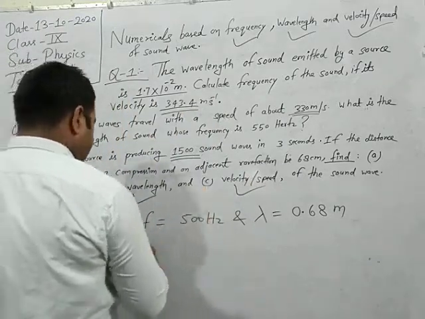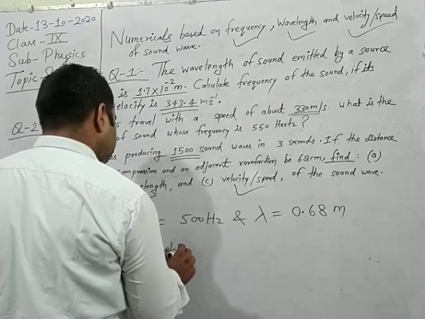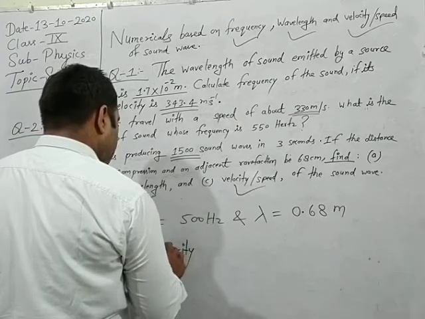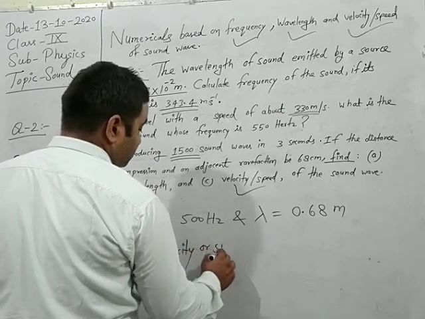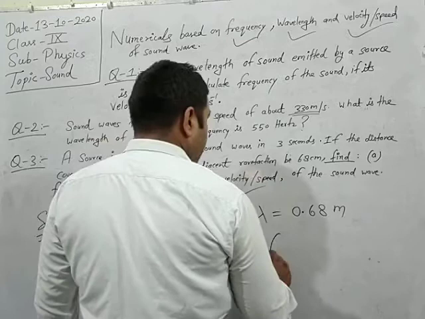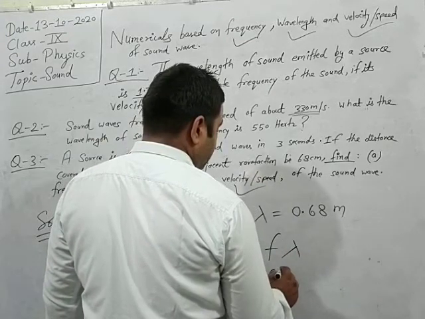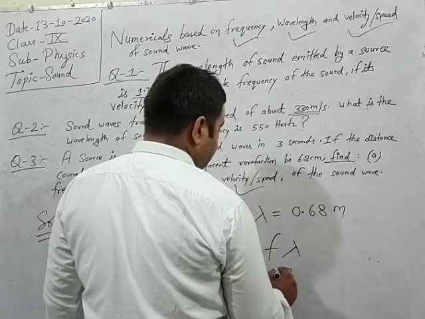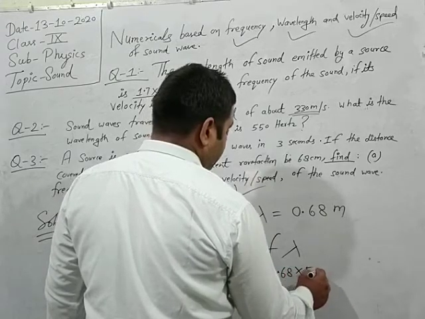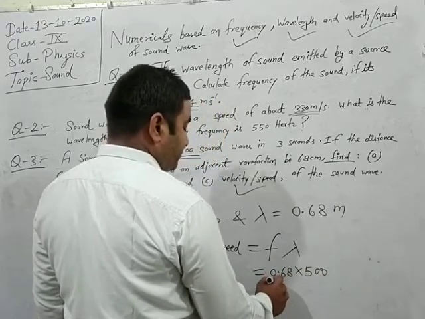Then velocity or speed is equal to frequency into wavelength. So 0.68 into 500. Here the 20 cancels out this one point.